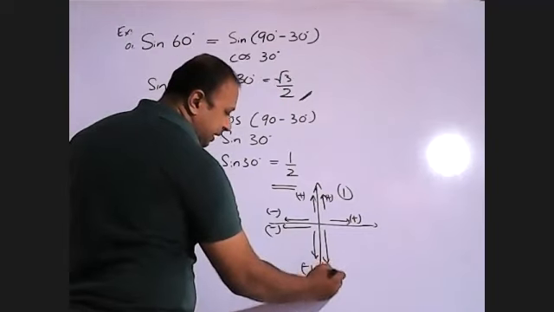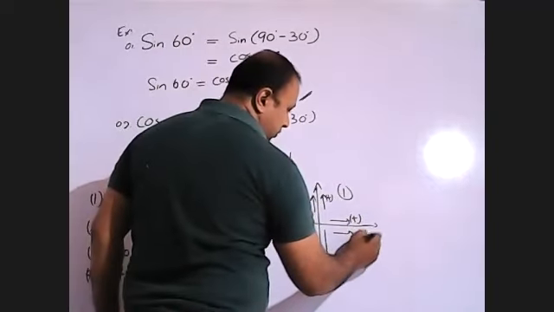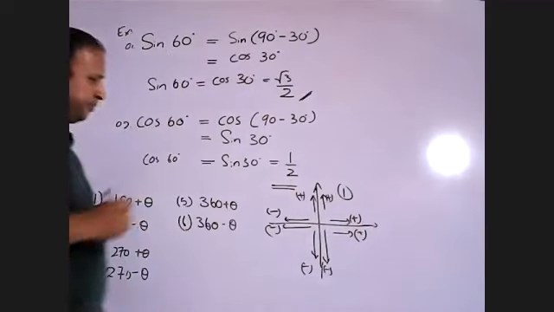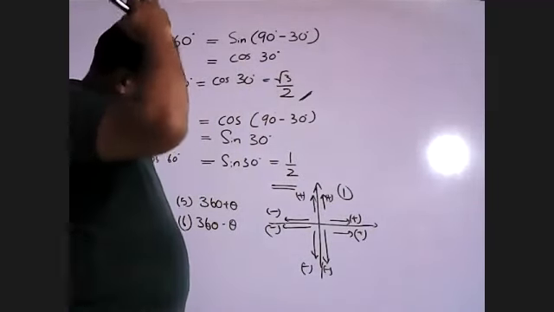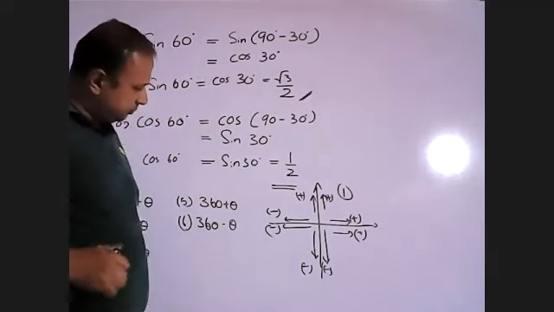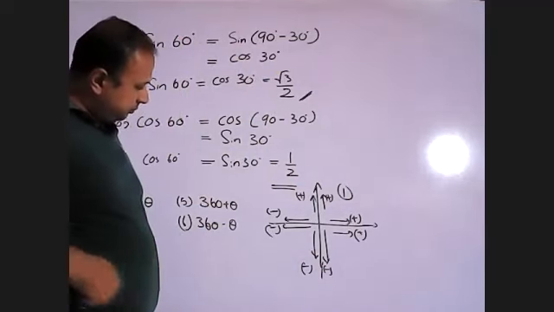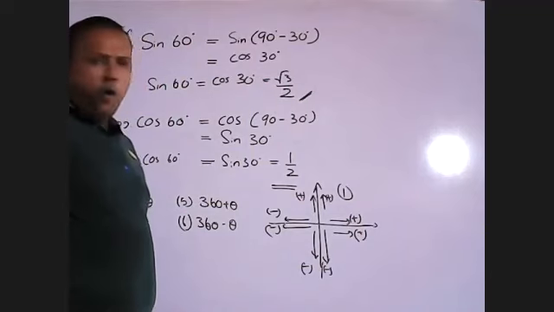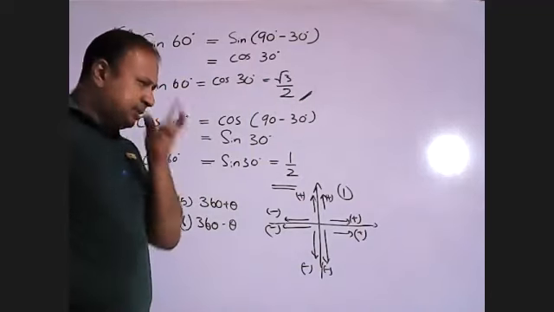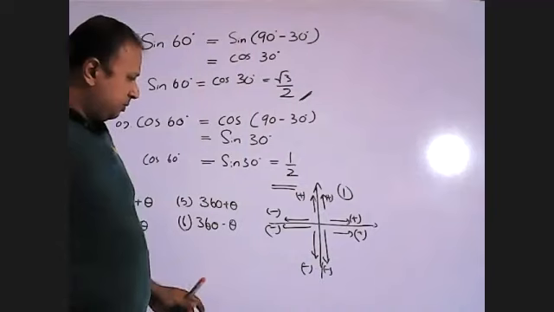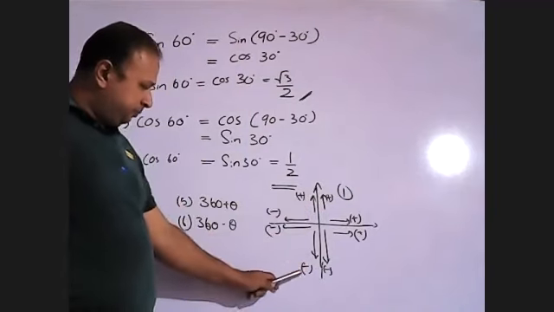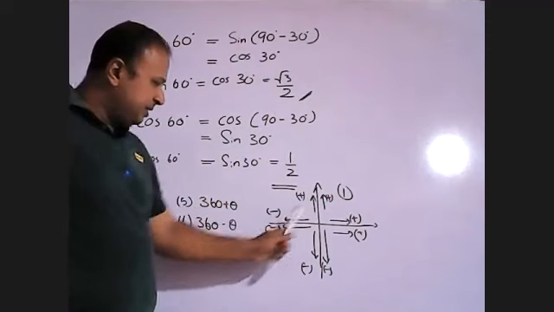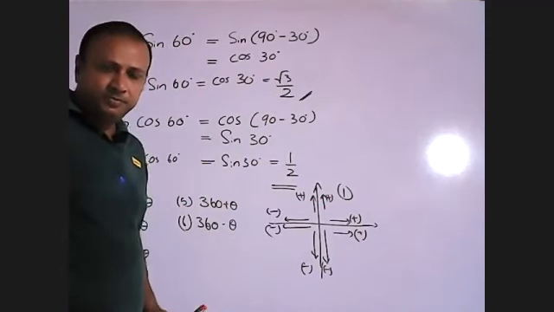In the fourth one, y is negative, x is positive. Opposite means here plus, this is minus, something like this, no?